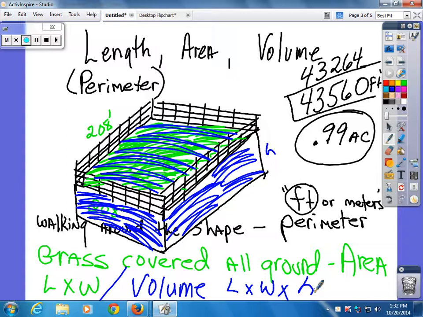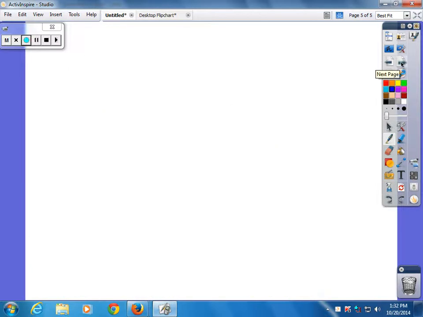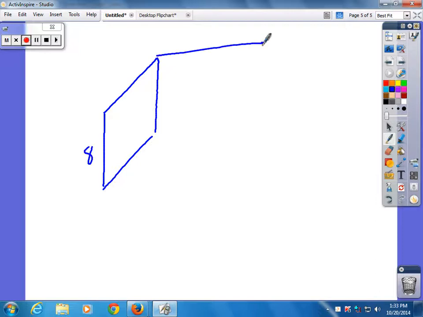So if you want to paint a room in your house, and your room is 8 foot tall, and, oops, I can't draw very good.